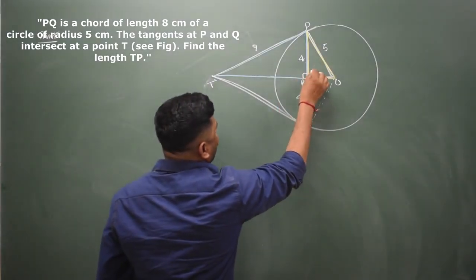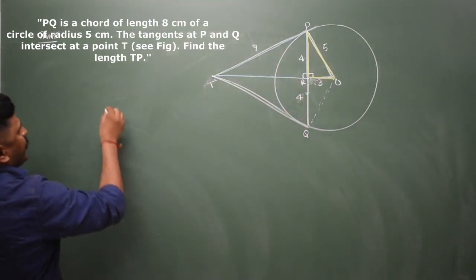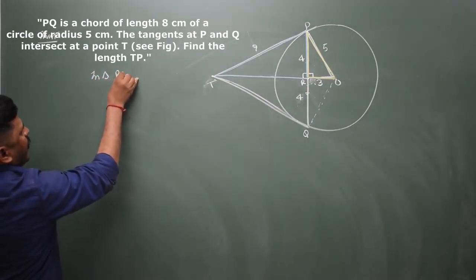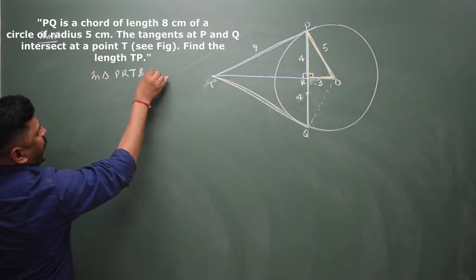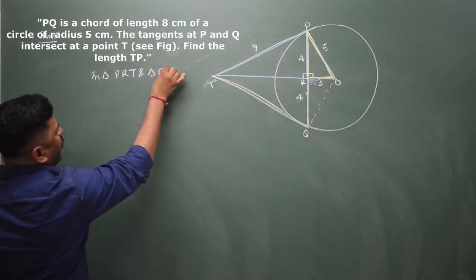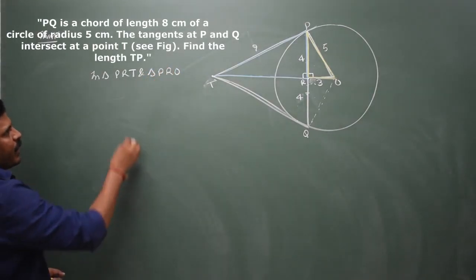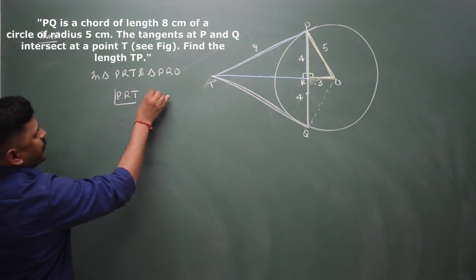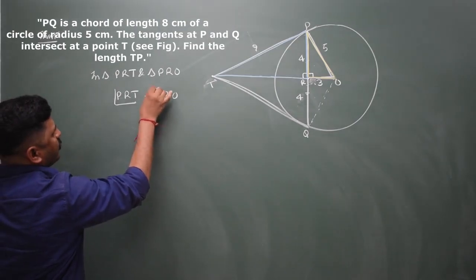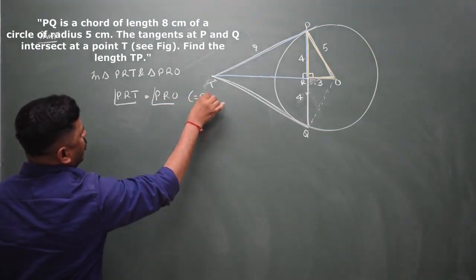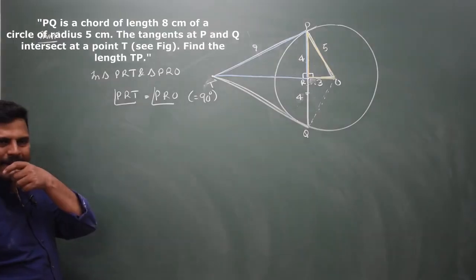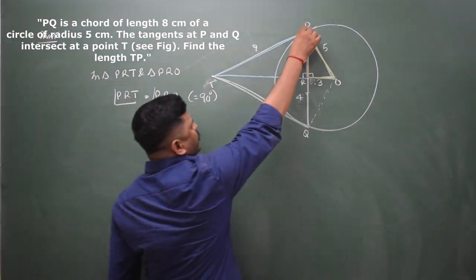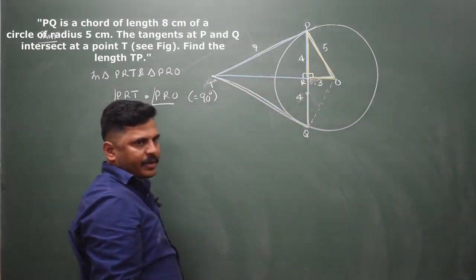Now, is this angle equal to this angle? In triangle PRT and triangle PRO, is angle PRT equal to PRO, which is equal to 90 degree? Yes, this is perpendicular to this, 90 degree, right?